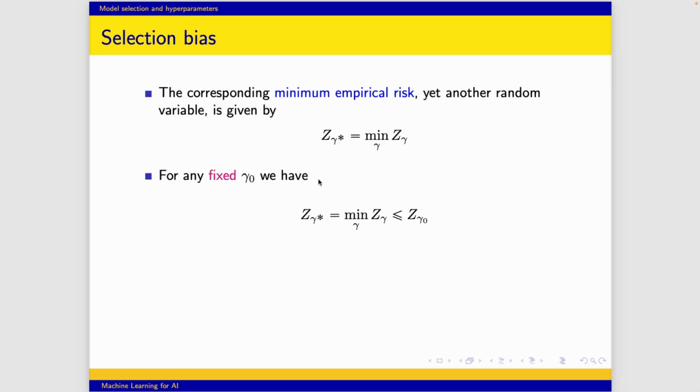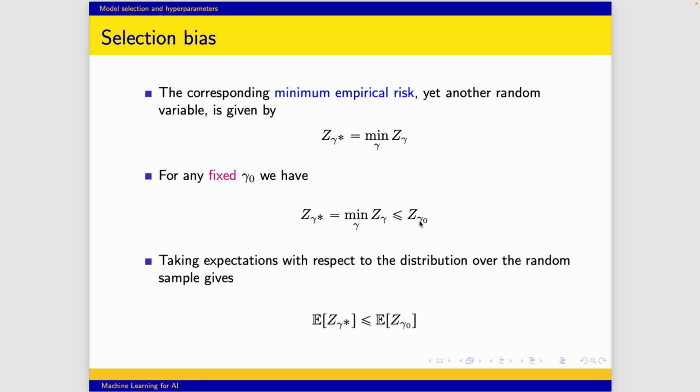Now let's fix gamma to some value gamma 0. Then what do we have? Trivially, we have this. Z gamma star is going to be less than or equal to z at gamma 0, since this is the minimum one, right? So by definition, it must be less than or equal to z gamma 0 for any arbitrary gamma 0.